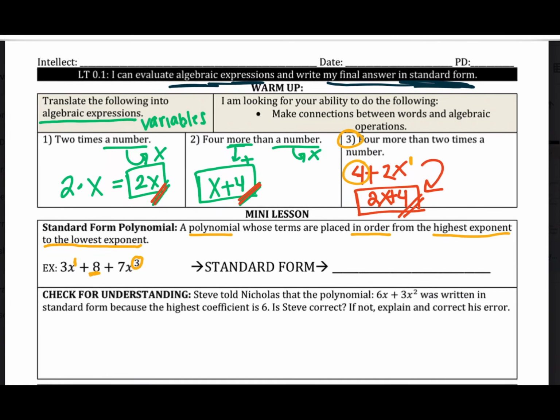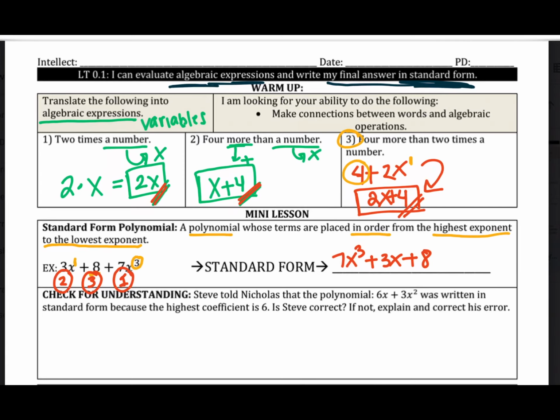So we're going to start with the exponent 3. This one will go first. This one will go second. And we'll put this term last. And that's how we want to order it. So we'll first put the 7x cubed, then the 3x, and then the 8. So this is how our polynomial is now placed into standard form.